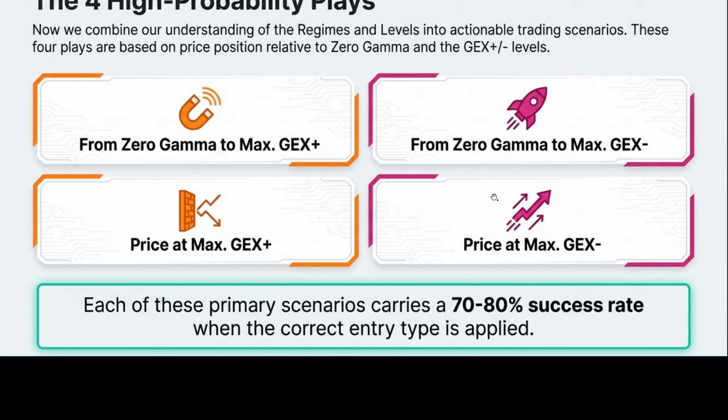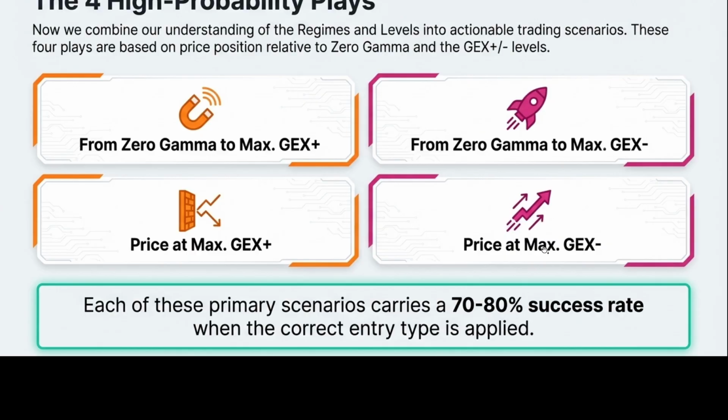Why? Because when price is going downside, all the option dealers, market makers, traders, retail traders, they are all going with price, not against price.